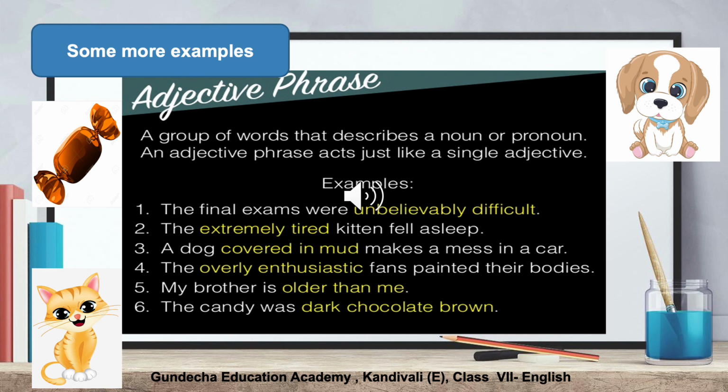The overly enthusiastic fans painted their bodies. My brother is older than me. The candy was dark chocolate brown. So all these groups of words written in yellow are adjective phrases and act just like an adjective describing a noun or a pronoun.